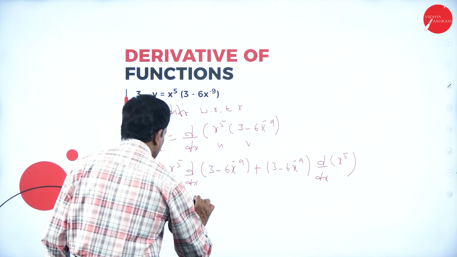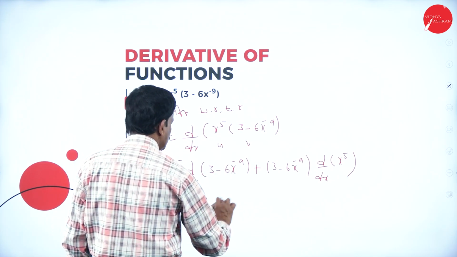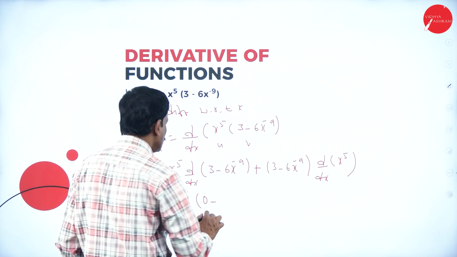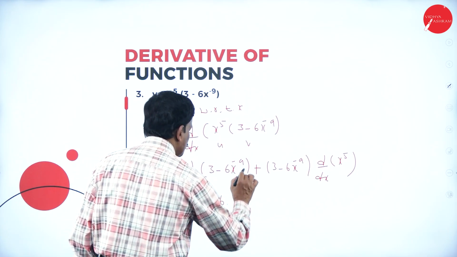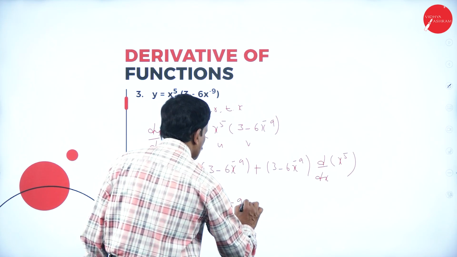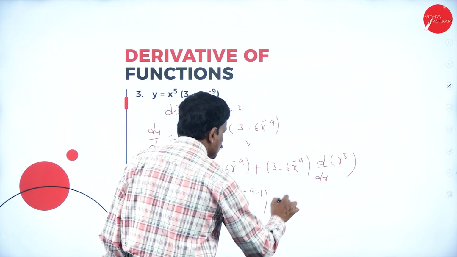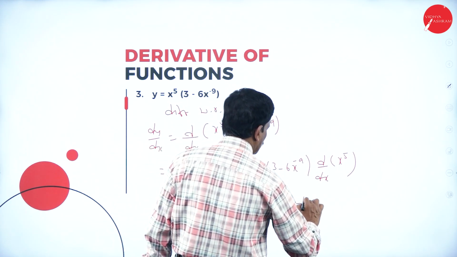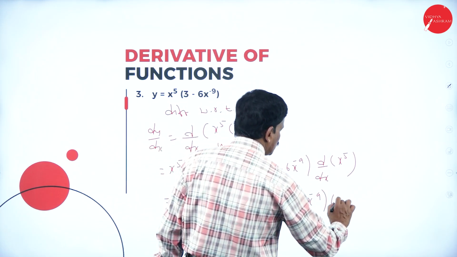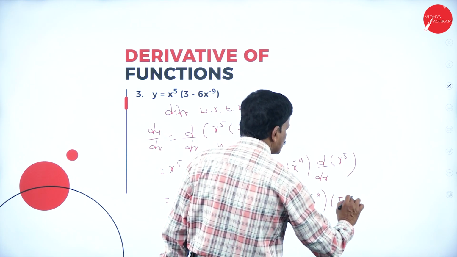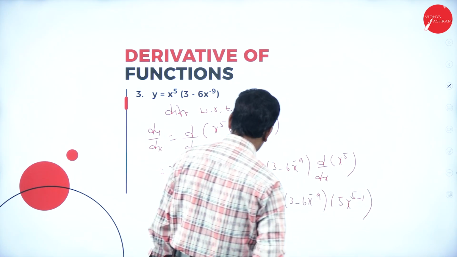This is x to the power of 5 into 3 constant, derivative of a constant is 0, minus 6 into differentiation of x raised to minus 9, which is minus 9 x raised to minus 9 minus 1, plus this is constant 3 minus 6 x raised to minus 9. Differentiation of x raised to 5 is 5x to the power of 5 minus 1.